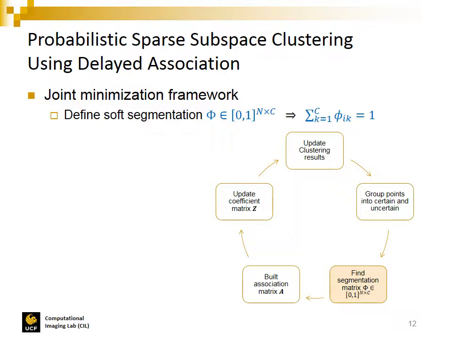In particular, phi_ik is equal to 1 when point i is confidently assigned to cluster k, and phi_ik is equal to 0 when point i is confidently excluded from cluster k. We can define the association matrix A as phi phi transpose. A is an n by n matrix, and element A_ij indicates the strength of connection between point i and point j in the dataset.